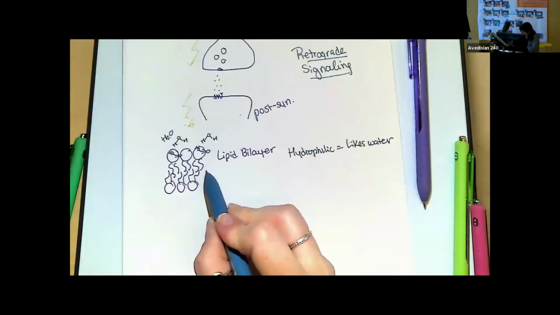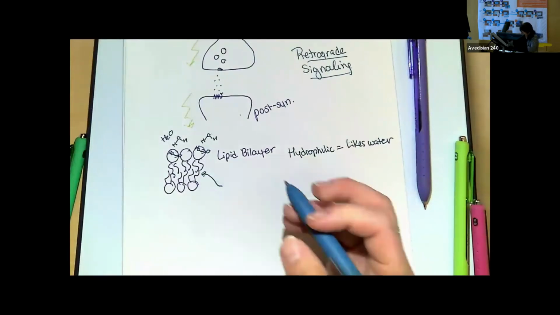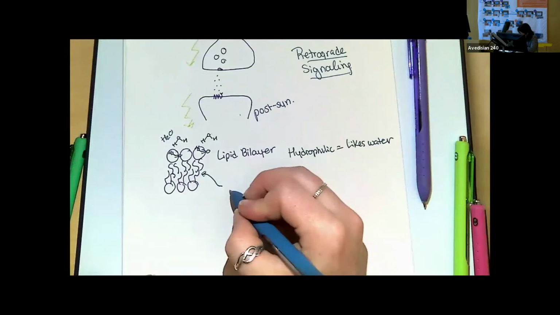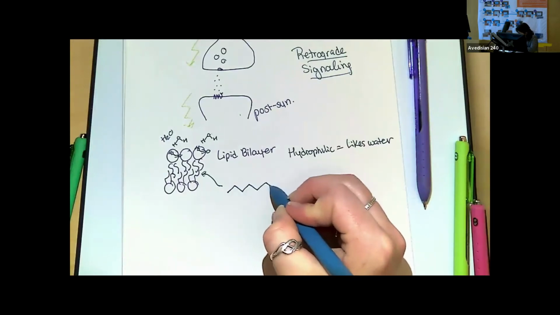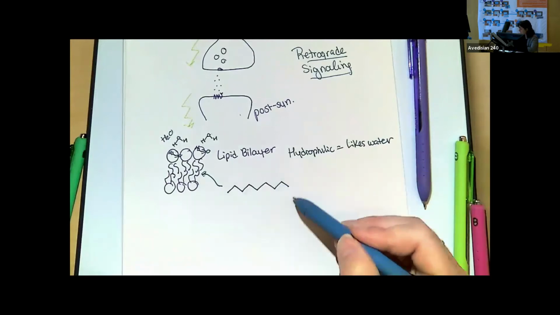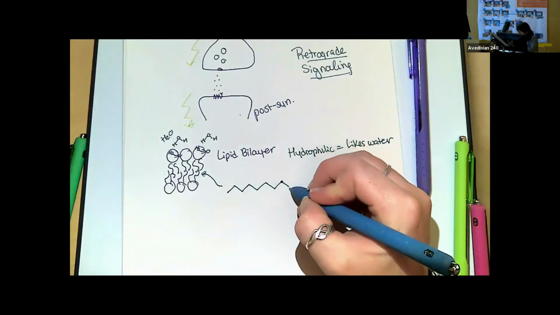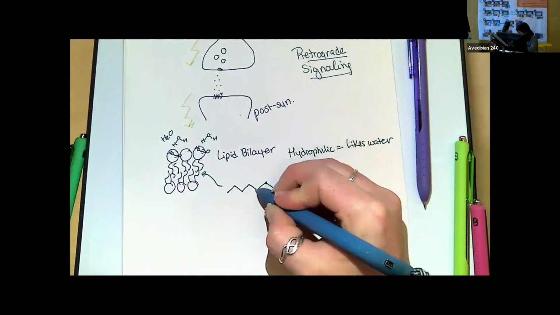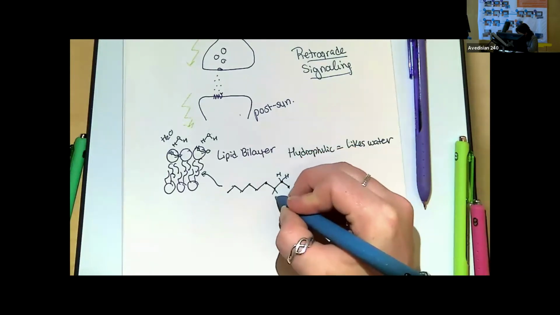The inside of this lipid bilayer is going to be composed of hydrocarbons. A hydrocarbon is part of a molecule that's only hydrogens and carbons. You'll often see them depicted like this, but remember that each of these dots is a carbon, and then here we would actually have a bunch of hydrogens.